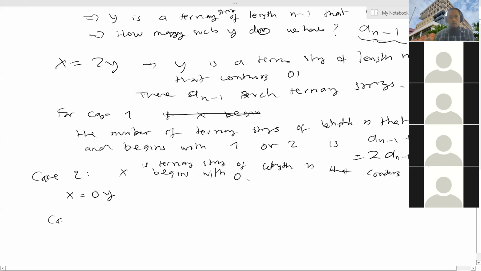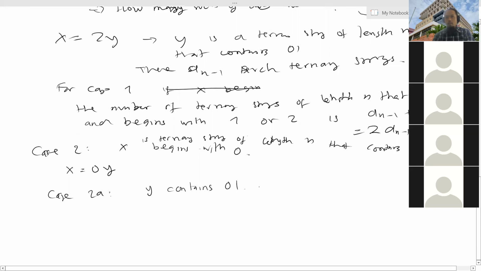So we have case 2a, in which y contains 01. So how many such y's? Remember, here y is a ternary string. Let's use z, so z is a ternary string of length n minus 1.